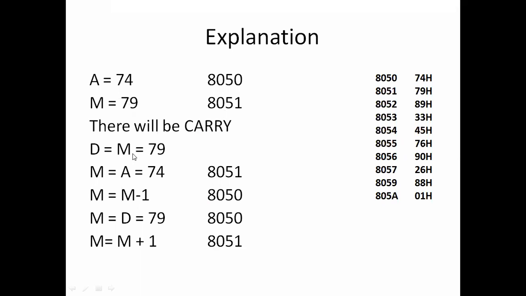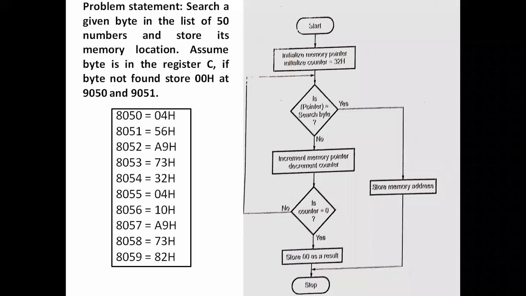We will use some register D to store this value 79, and then the accumulator value is transferred to the memory, that is 74 is transferred to 8051, and then the memory pointer is decremented, and then whatever value we have stored in the D register is copied to M. It means 74 is stored at 8051 and 79 is stored at 8050, and then we increment the memory pointer and go on. In this way, this particular program is going to work.